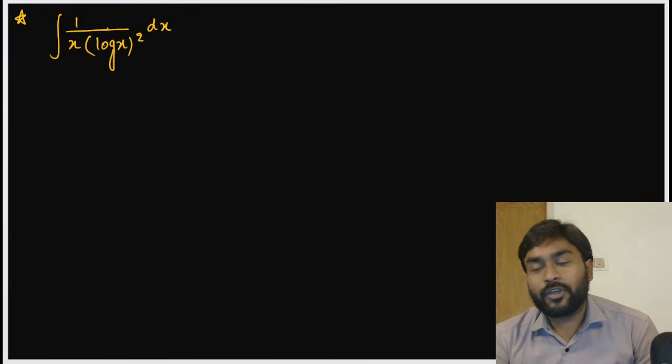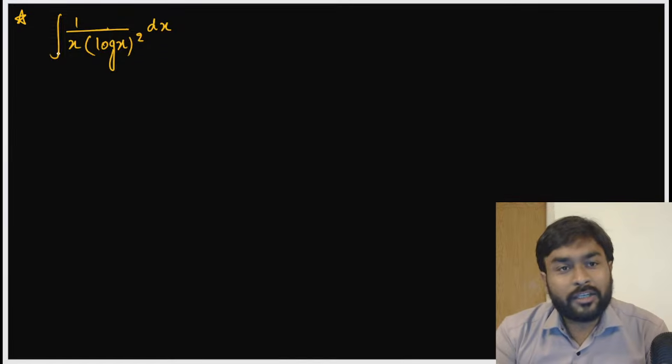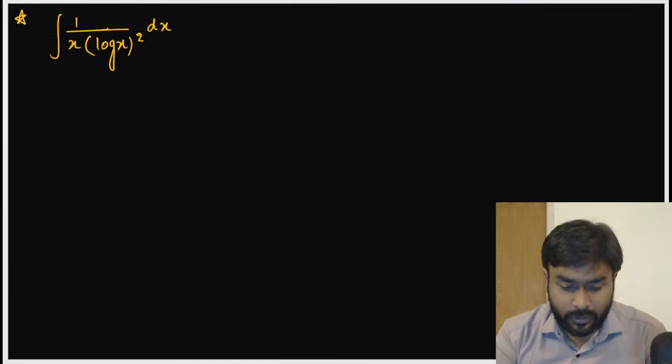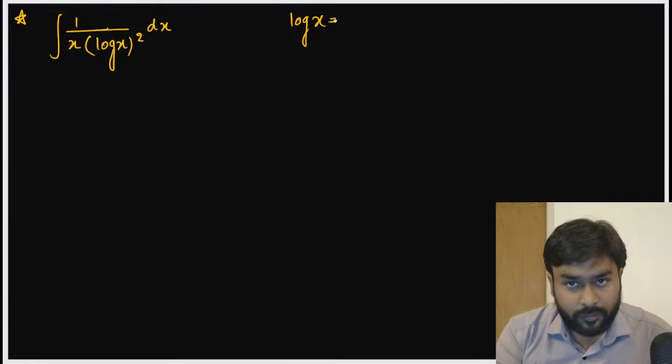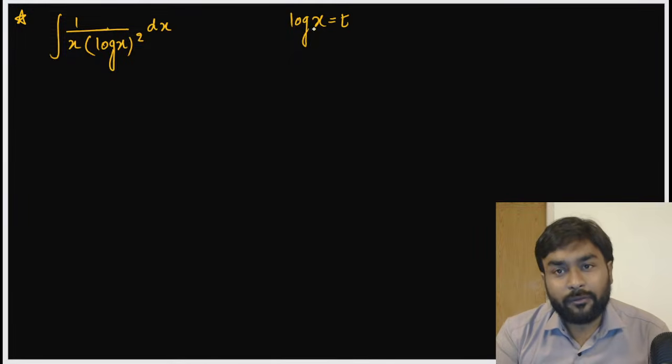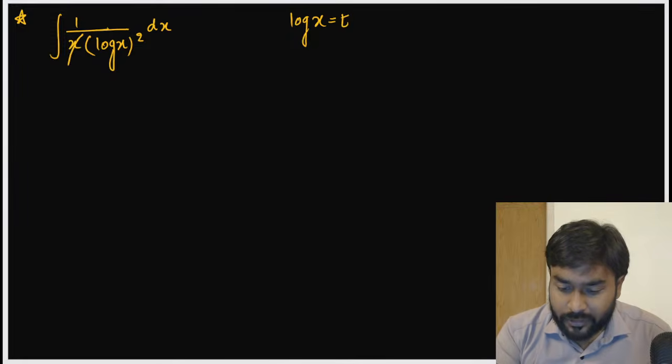So next will be what? This one we are having. This one is an easy question. How will we approach it? A little bit of knowledge of differentiation, if you have it, you can easily do this one. How will you do it? Normally, we will take log x equal to t. The question is why are we taking log x equal to t? Because see, this dx by x is written in the numerator.